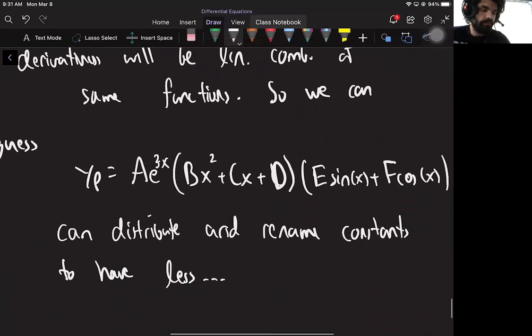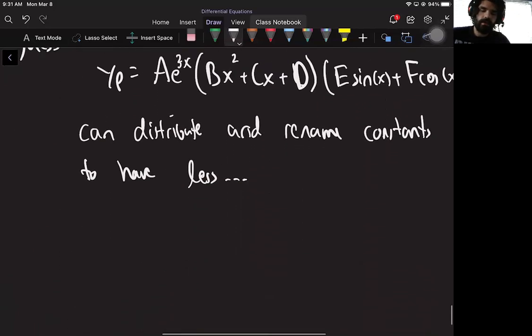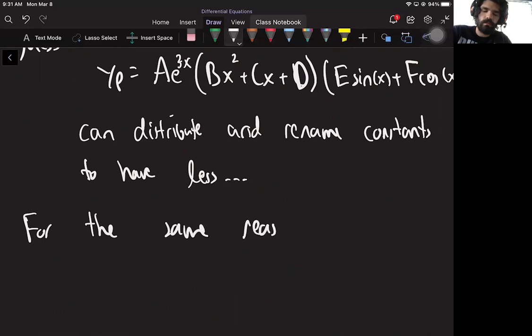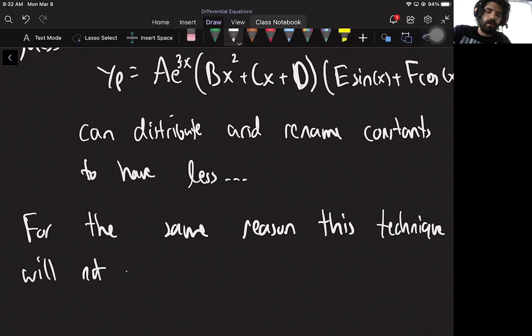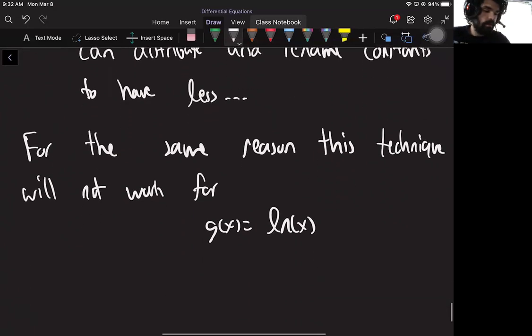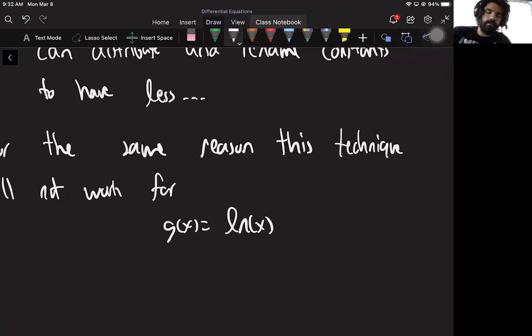So then when will this technique not work for the same reason? This undetermined coefficients technique will not work, for example, if the right side was ln of x, because the derivative of ln of x is 1 over x.